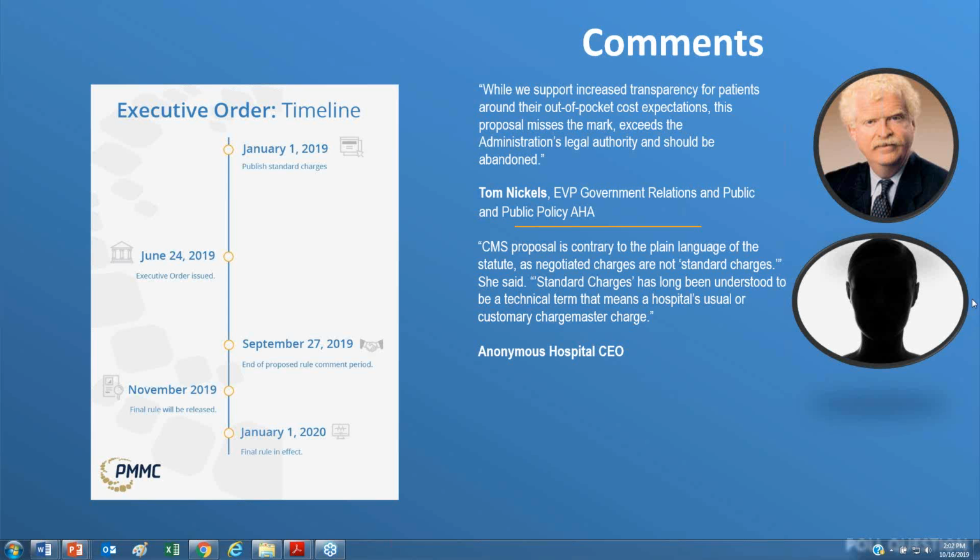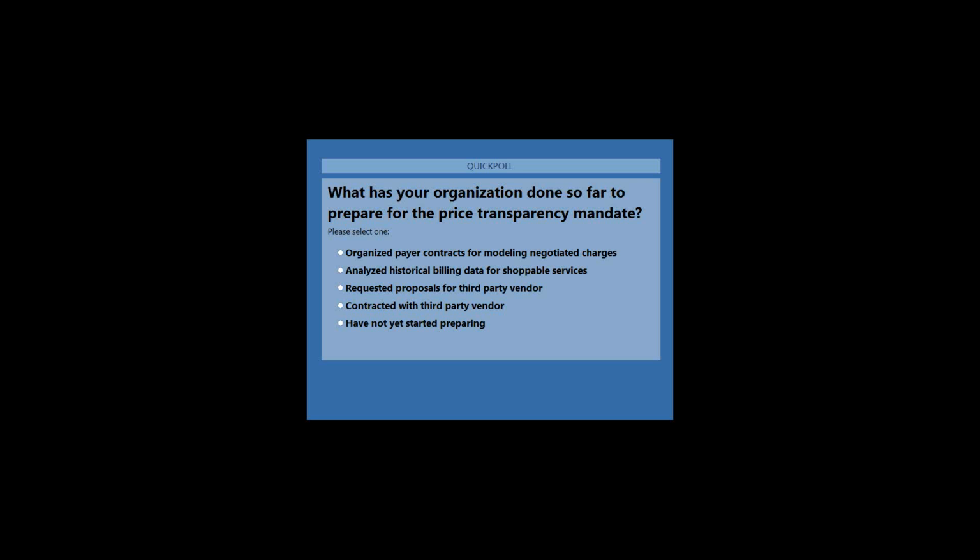The options here are: organized payer contracts for modeling, analyzed historical billing data for shoppable services, requested proposals for third-party vendors, contracted with a third-party vendor, or have not yet started preparing. Again, that question is, what's your organization done so far to prepare for the Executive Order mandate?